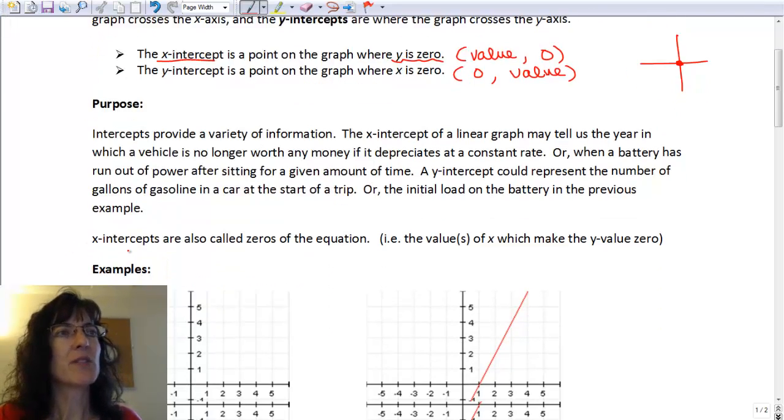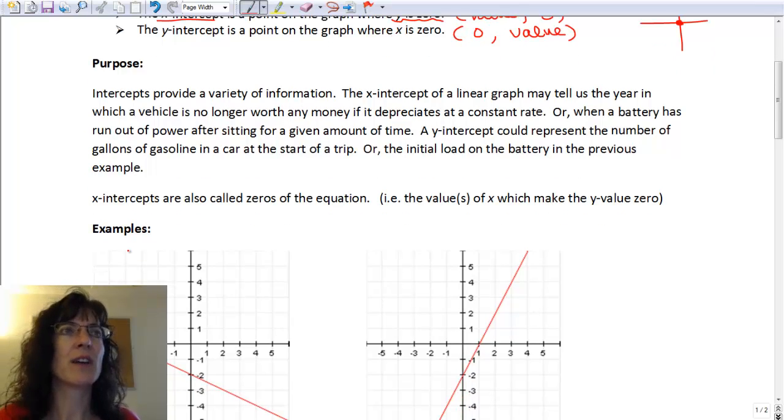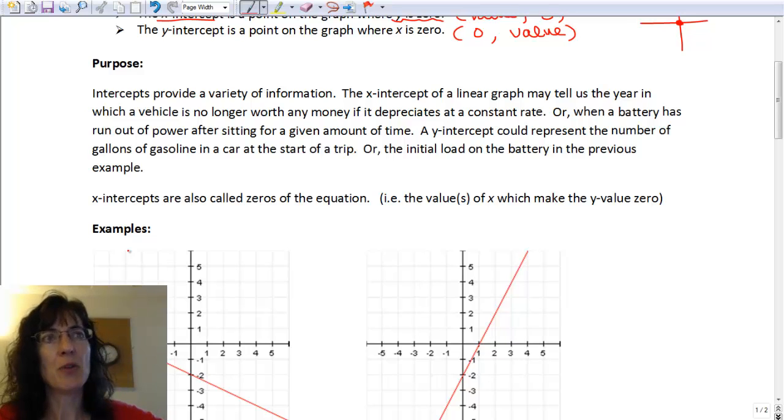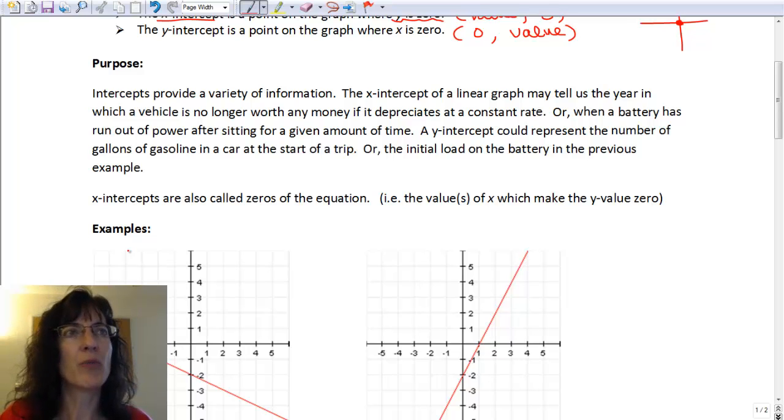Okay, intercepts give us a variety of information. The x-intercept of a linear graph, so if you have just a straight line graph, will tell us a year where a vehicle is no longer worth any money if it depreciates at a constant rate, or when a battery's run out of power after sitting for a given amount of time. You could have a graph going like that, and it tells you at what point you've run out of power.